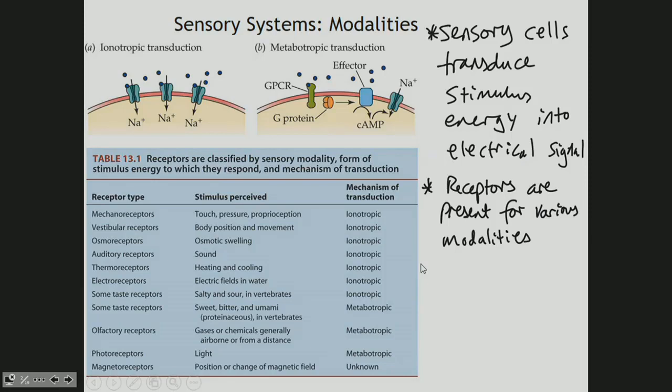If you look down to some metabotropic ones, taste and olfactory receptors, various tastes, smells, gases, chemicals from a distance, all use metabotropic signal transduction. Photoreceptors, light, is also metabotropic. And so these mechanisms of transduction tend to be tied to the types of stimulus modality that you are interacting with.